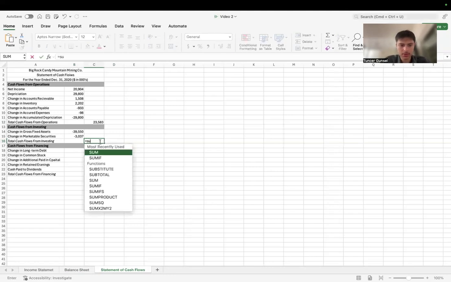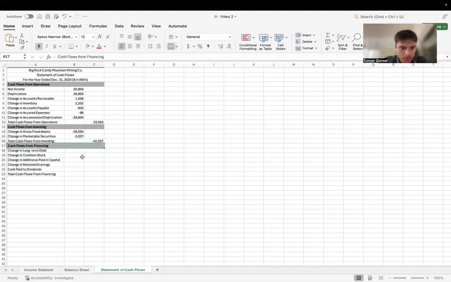And again, we use the sum function. So now moving on to financing activities.